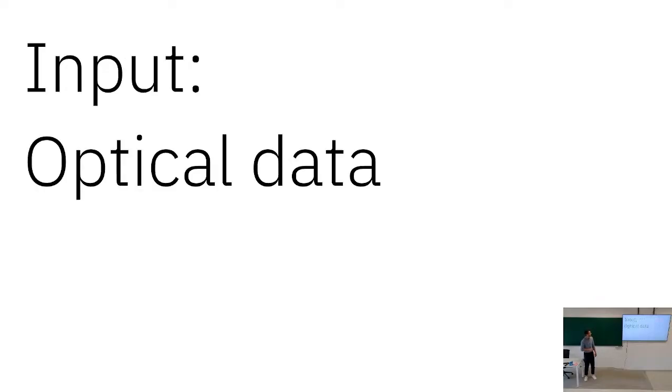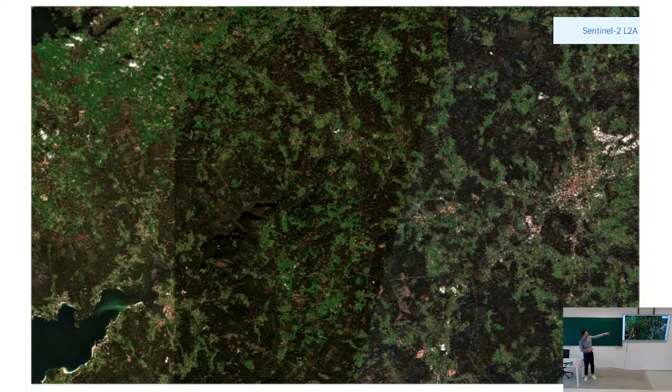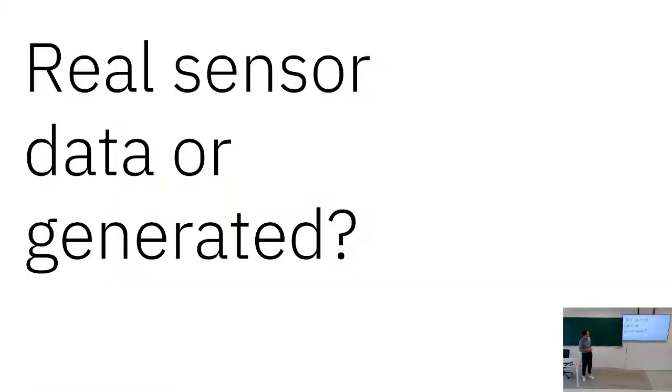I first wanted to do a little Turing test. I gathered an optical tile. We are somewhere, okay, we cannot see that, but this on the right is Santiago de Compostela. This is a coastal area, and I then used TerraMind to generate a couple of artificial sensor images for that region.